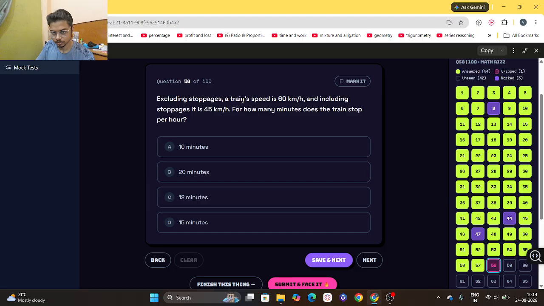The total distance we can assume is 180 kilometers. Excluding stoppages, 180 upon the total time taken.